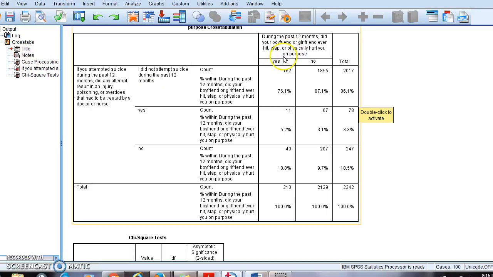And you just read the output like that. So to give you another example, 11 people responded that they were physically abused by their partner, and yes, during the past 12 months, they did have a suicide attempt that resulted in injury, poisoning, or overdose that had to be treated by a nurse. And going down one more, 40 students responded yes, they had physically been assaulted by their boyfriend or girlfriend.